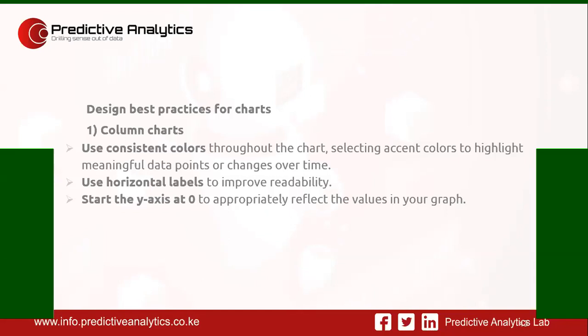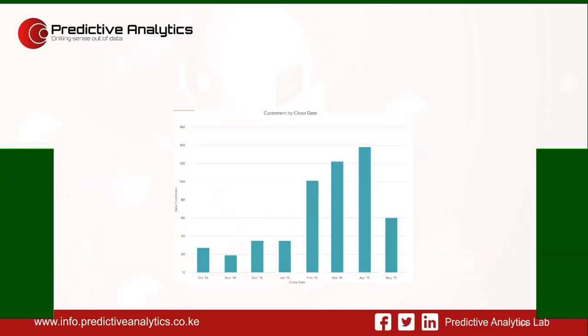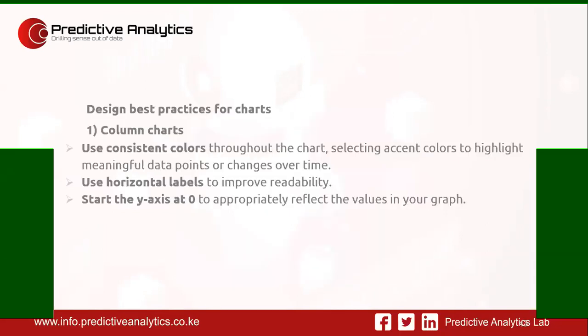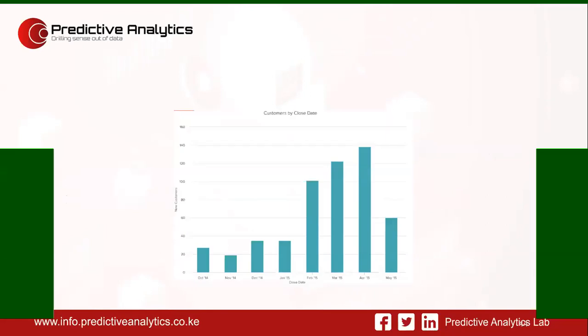The difference was very small, but starting at 0, you could see that the difference was actually very big. So start the y-axis at 0. So this is an example of a column chart with the y-axis starting at 0.